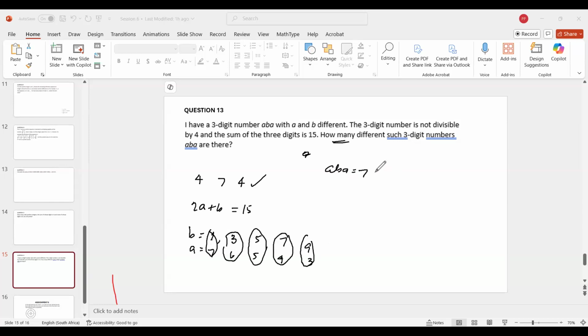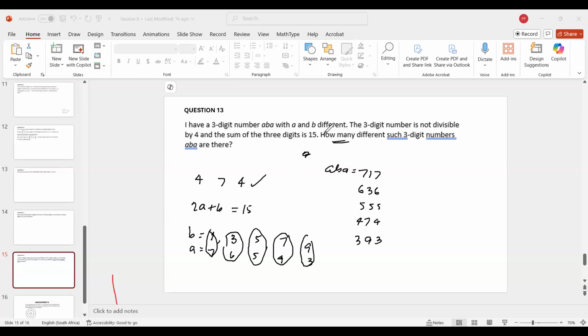So I can write down the whole lot: 717, 636, 555. They must add up to 15. A is 4, ending with 4. 3 is 9, ending with 3. So these are the numbers which are candidates.